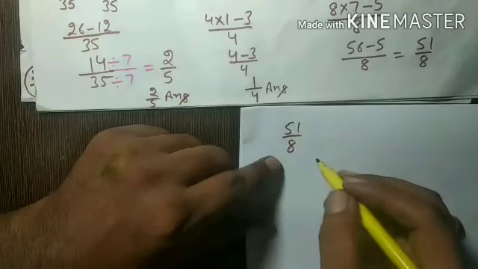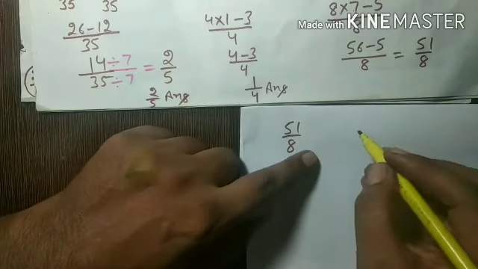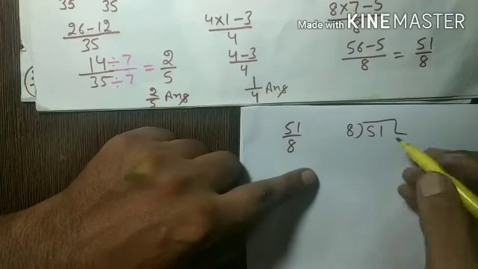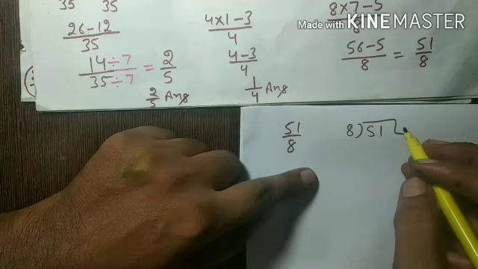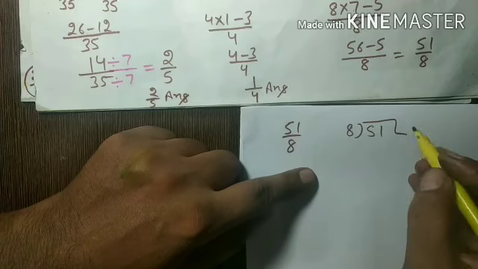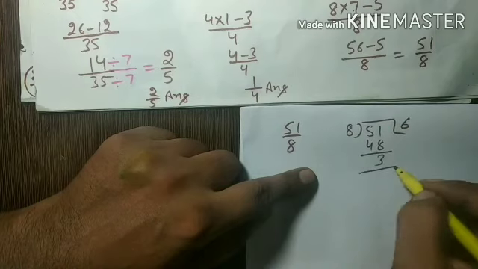Clear? This is an improper fraction where the numerator is greater than the denominator. So 51 divided by 8. Now 8 ones are 8, 8 twos are 16, 8 threes are 24, 8 fours are 32, 8 fives are 40, 8 sixes are 48, and the remainder is 3.